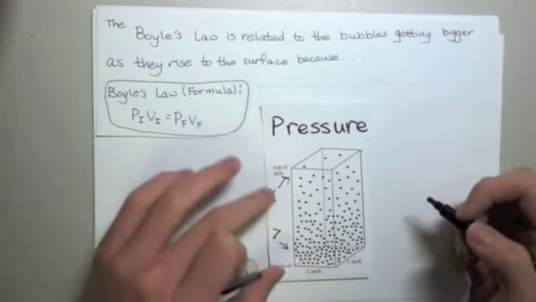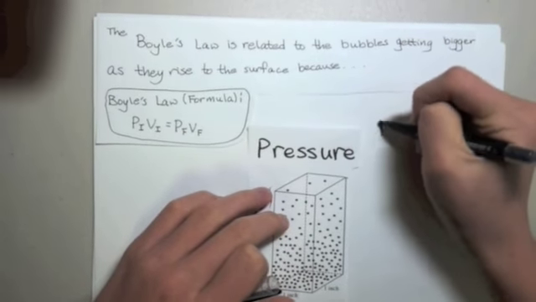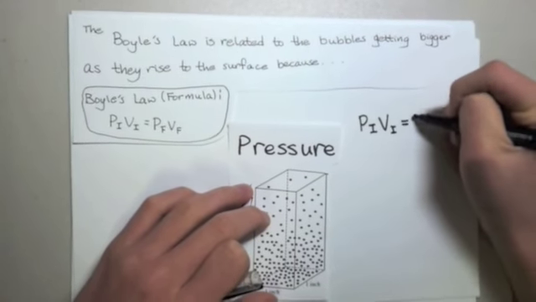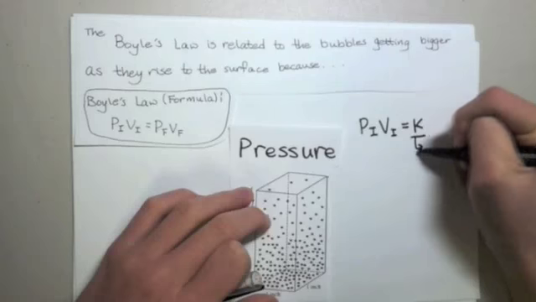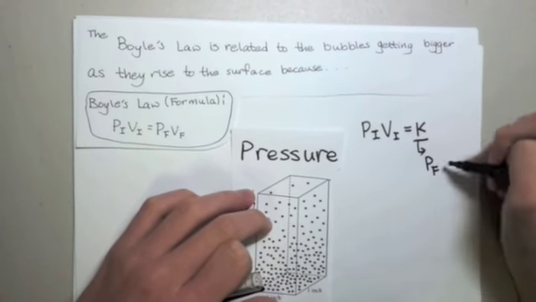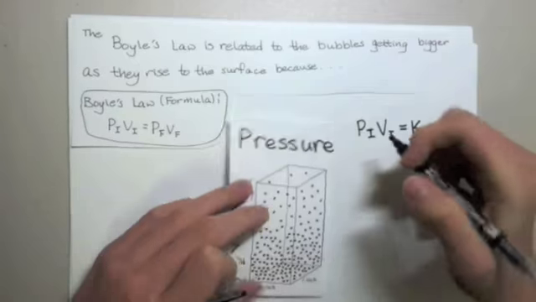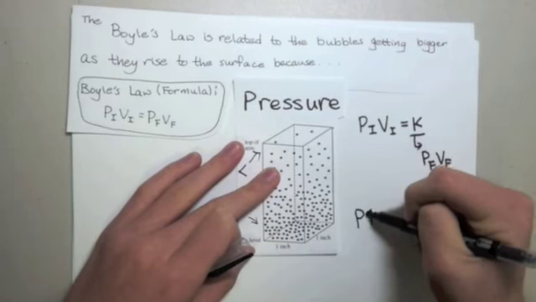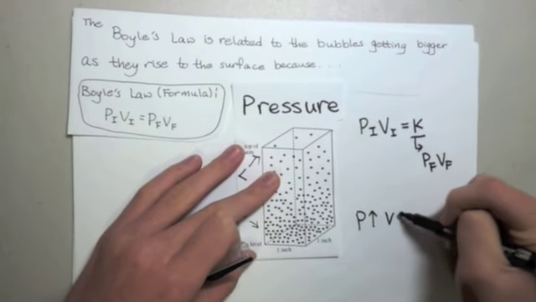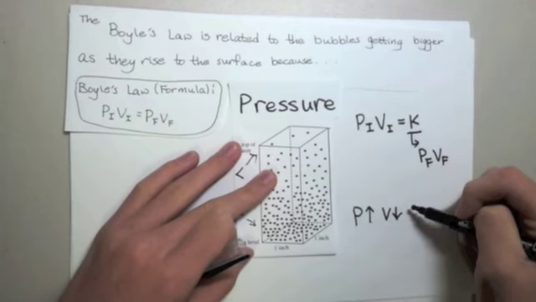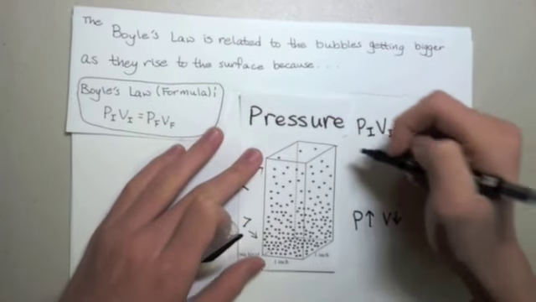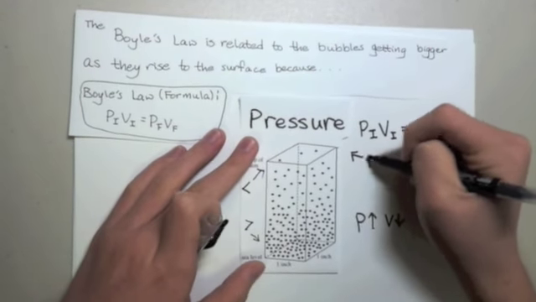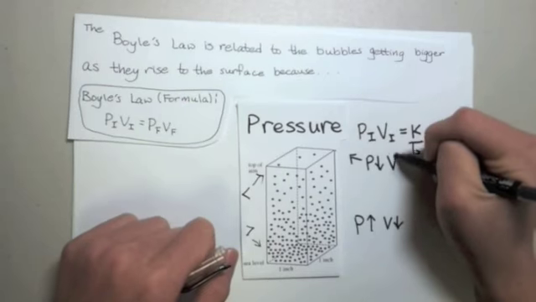Since Boyle's law states that initial pressure times initial volume equals a constant, or final pressure times final volume, when there's a lot of pressure, the volume has to go down to reach the constant. And when it's at the surface of the sea, since there's less pressure, there must be more volume.